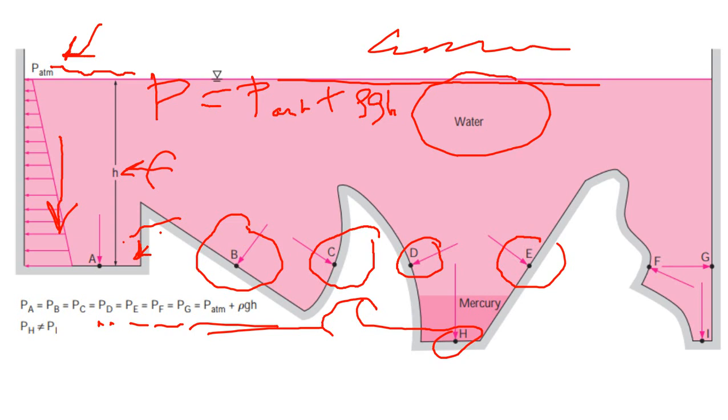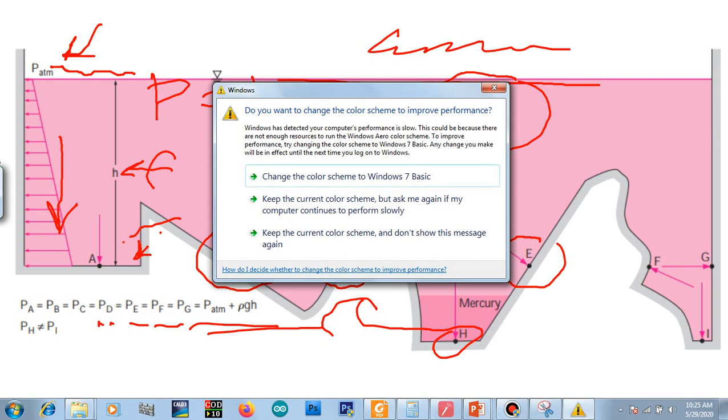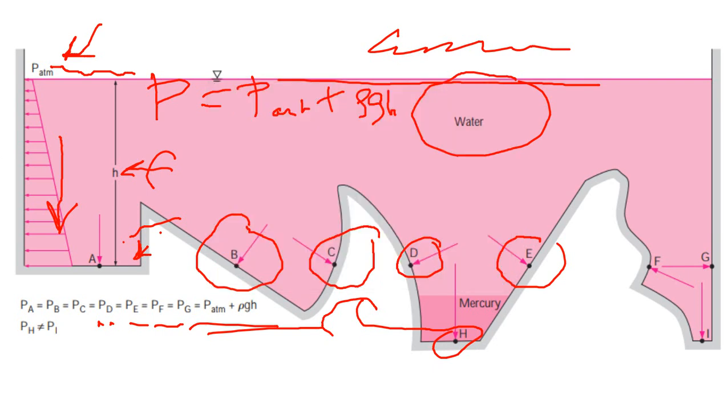But for the case of H and I, these are not equal to the above pressures, because for H you have a different fluid, but not only a different fluid, but also a different depth.